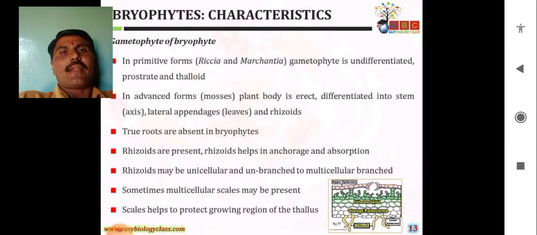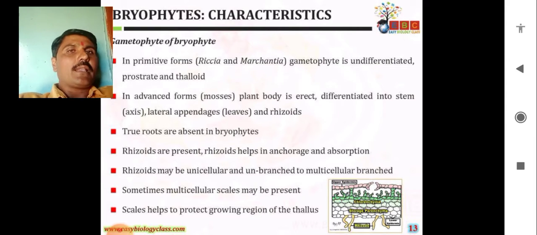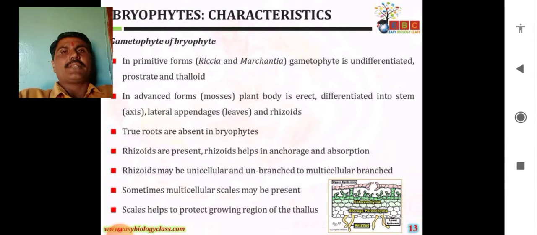The rhizoids are nothing but root-like or hair-like structures, which help to absorb water and minerals from the soil. In the lower forms, bryophytes are undifferentiated into root, stem, and leaves, whereas in the bigger forms, they can be differentiated into stem, roots, and leaves.